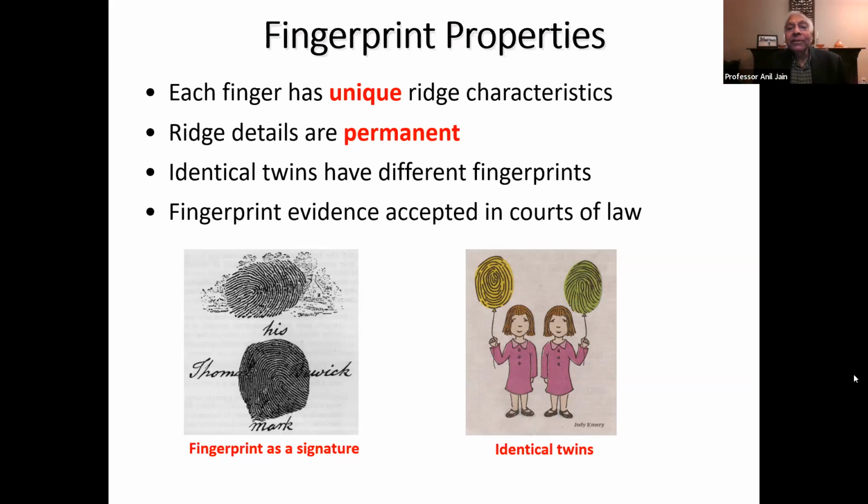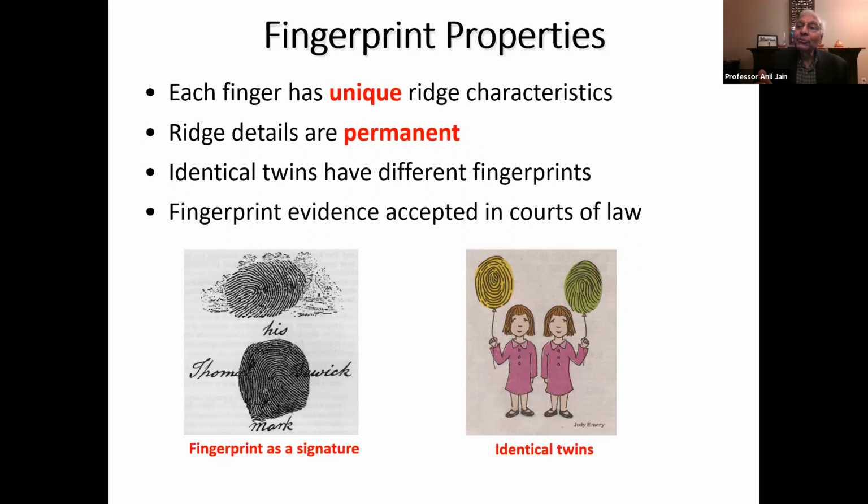Identical twins have different fingerprints, and fingerprint evidence is accepted in courts of law. In fact, last month I was in India, and I had to go to the court for some family matters for land transfer. And in the court, they take your thumbprint, which is still considered a legal signature, even though they never do any matching.